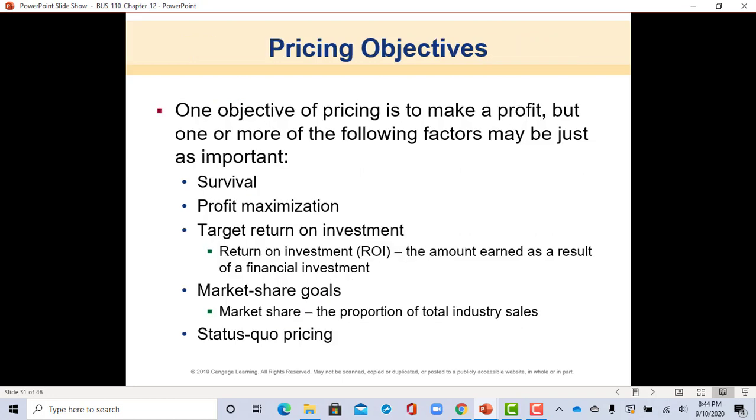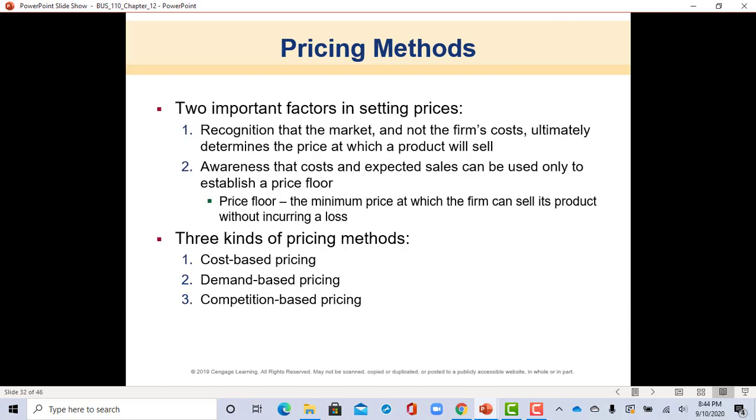Before setting prices, product management must determine pricing objectives that are in line with the company's objectives. Once a firm has developed its pricing objectives, it must select a pricing method to reach that goal.